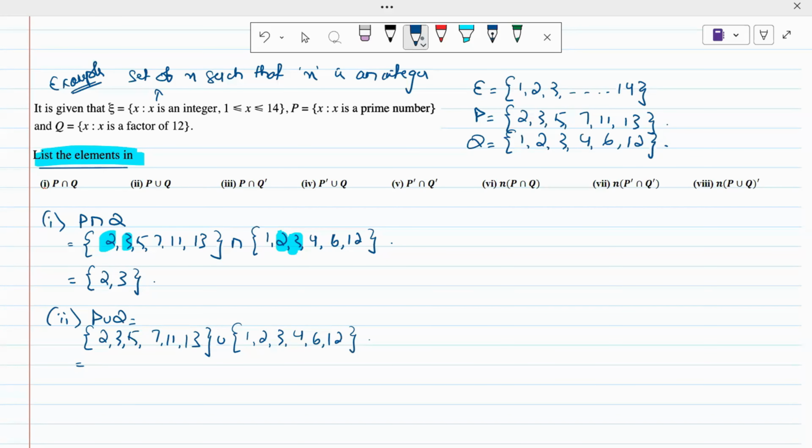So when we combine these sets, it would result in 1, 2, 3, 4, 5, 6, 7, 11, 12, and 13.